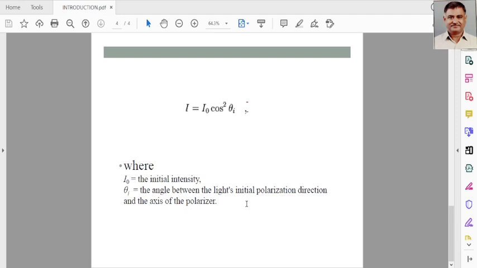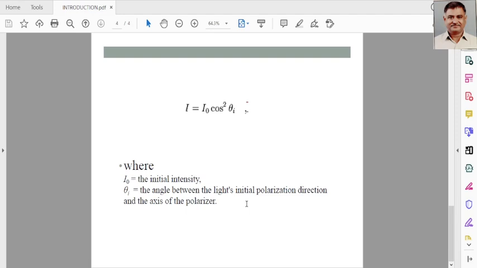Then he says the wave surface corresponding to the E ray, the extraordinary ray, is an ellipsoid of revolution about the optic axis, since the E ray travels with different velocities in different directions within the crystal.